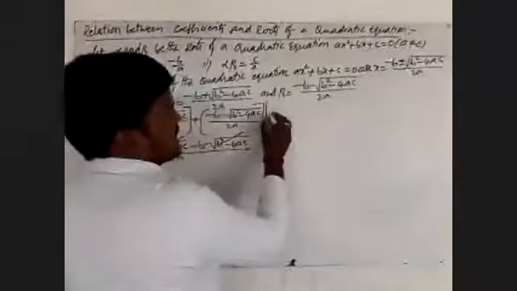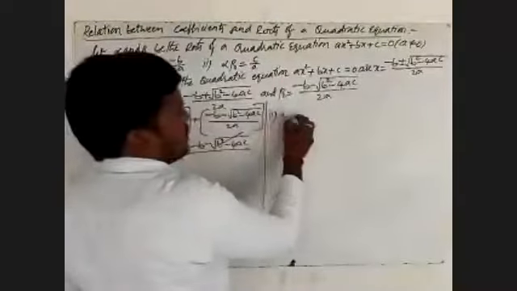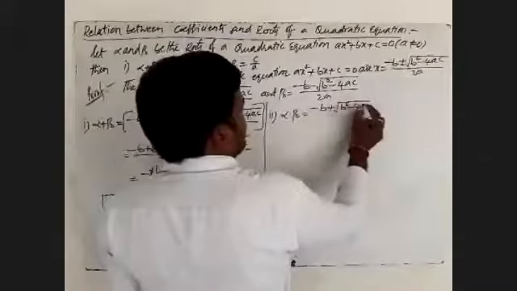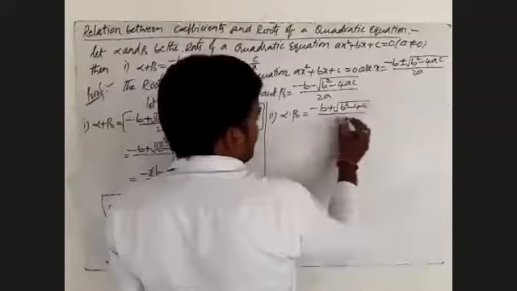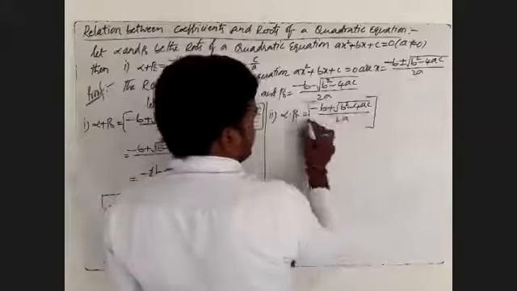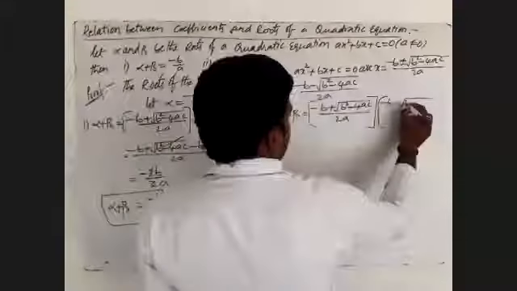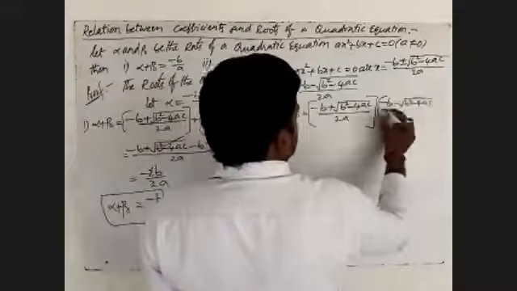What is the second condition here? Alpha into beta is equal to, first we write alpha, which is (minus b plus root of b square minus 4ac) by 2a, into beta, which is (minus b minus root of b square minus 4ac) by 2a.